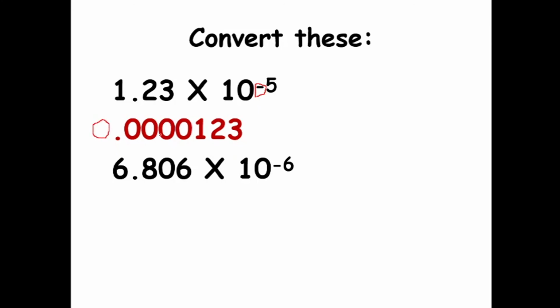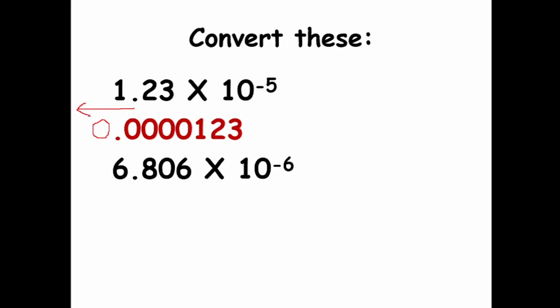Pwede rin hindi, pwede rin oo. Pero, in our particular example, wala siyang nakalagay. Linagyan ko na lang ng 0 para maging uniform. So, from a negative 5 exponent, so saan siya nag-move? Okay, is it to the right or to the left?